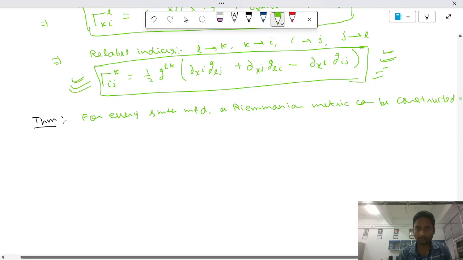So if you have your topological manifold and if you can construct the smooth structure, that means you can also construct the Riemannian metric. You always can.